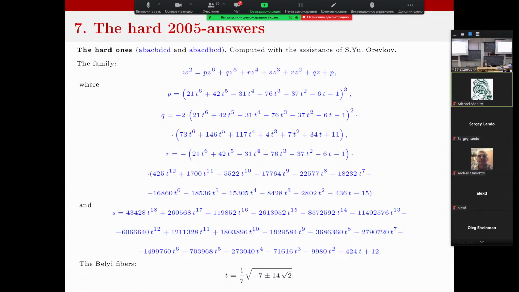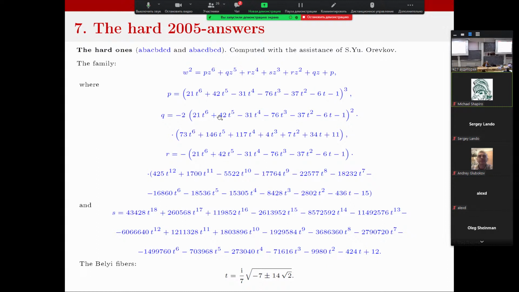But the answer I'm presenting here was obtained as a result of more or less a random computer search with the assistance of Stepan Arevkov, without whom perhaps these results could not be obtained. So there is a very long answer.